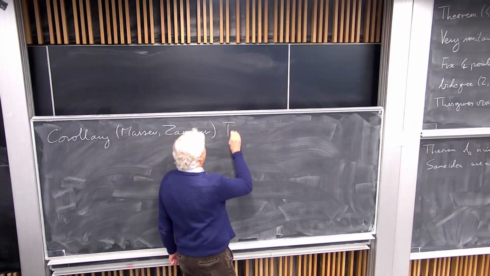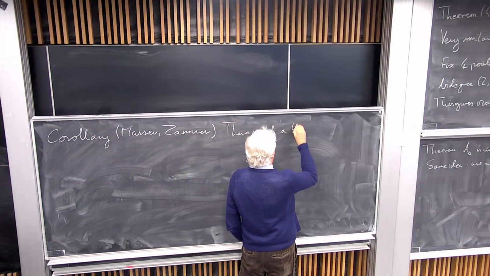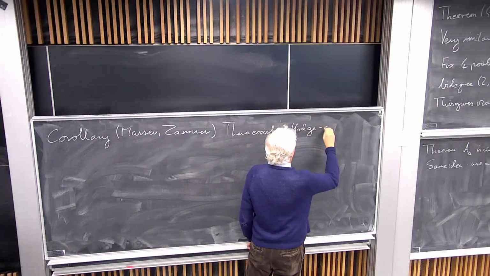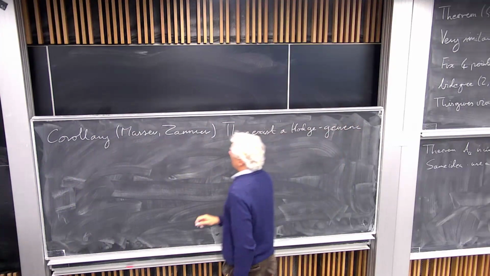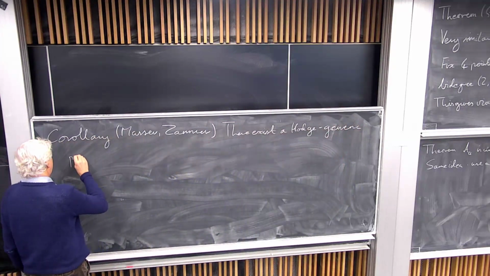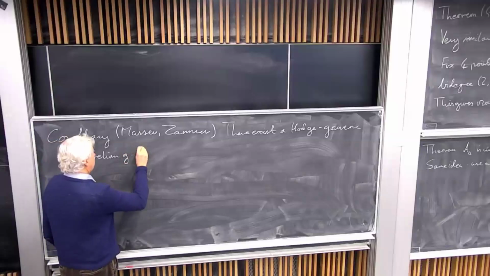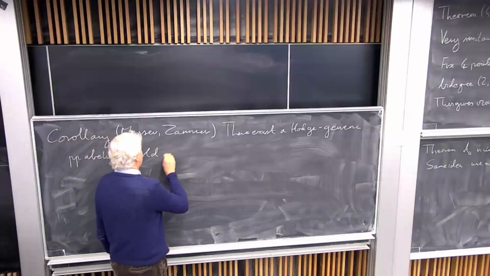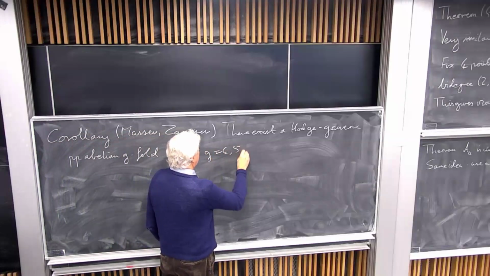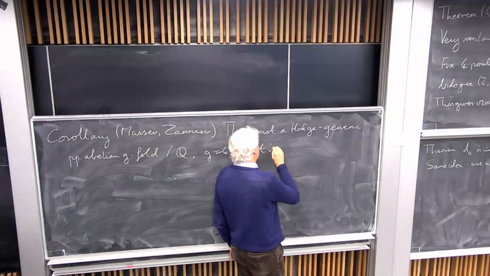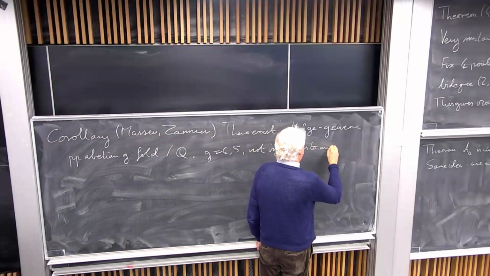So there exists a Hodge generic principally polarized abelian g-fold over Q, which for g equals 4 or 5, is not isogenous to any Jacobian.